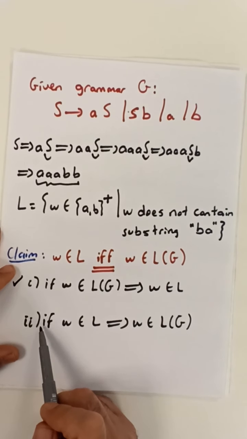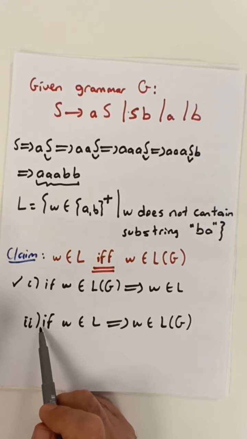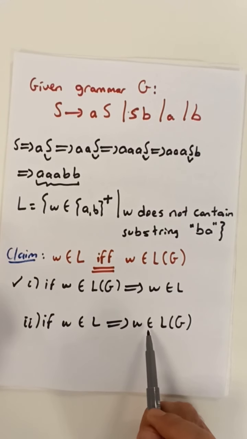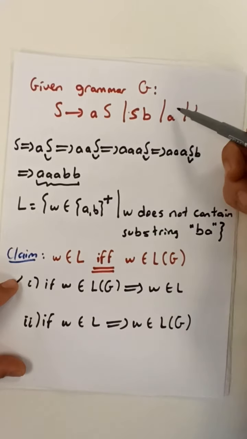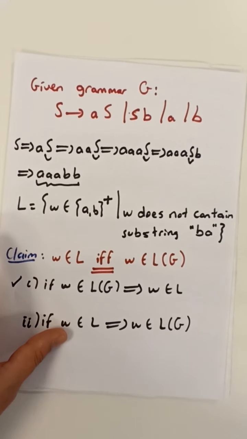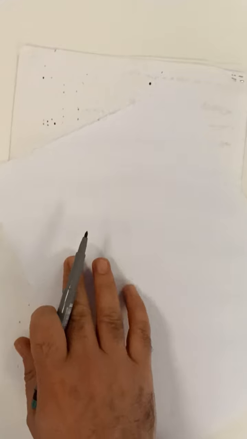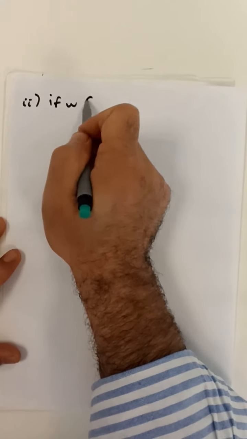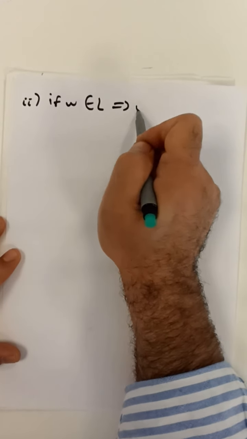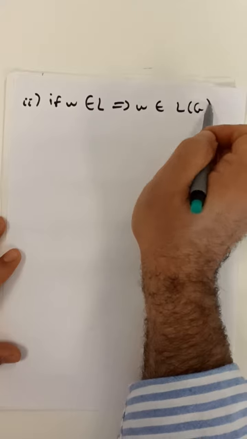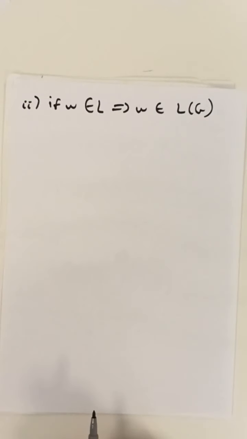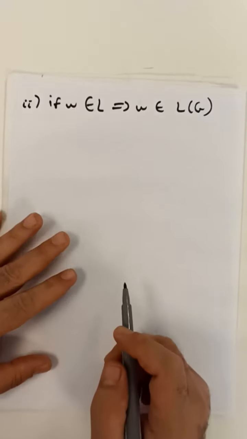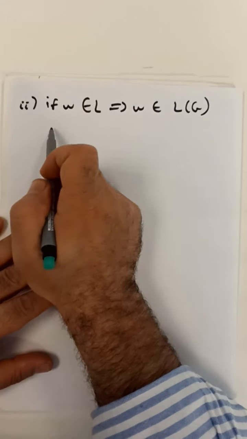In the second part, we need to prove that if the string belongs to the language, then it can be generated by the given grammar as well. Any string in here can be generated by this grammar. To prove this second part, if a string belongs to the language, then the string can be generated by the given grammar. Again, let's consider several cases.